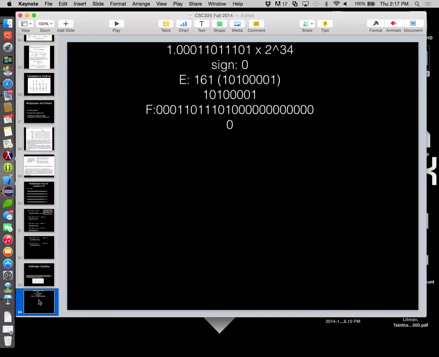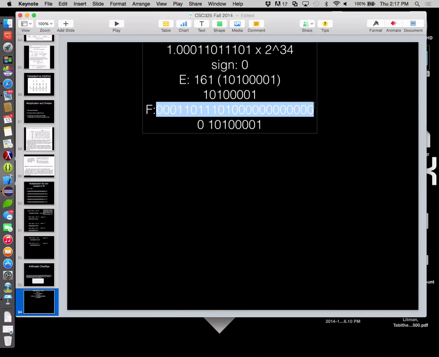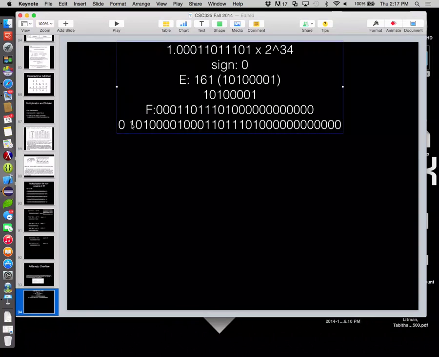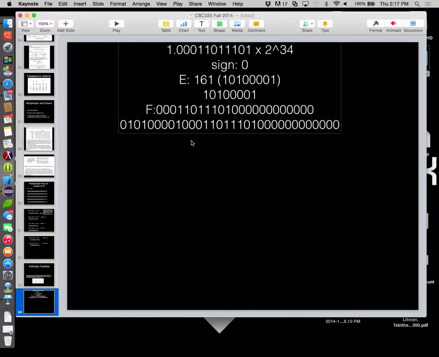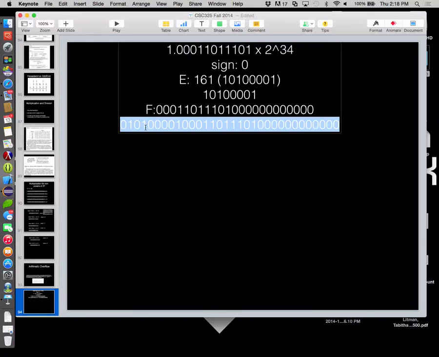So the final answer is 0 followed by this, followed by this. So 0, 1, 0, 1, 0, 0, 0, 0, 1, 0, 0, 0, 1, 1, 0, 1, 1, 1, 0, 1, 0, 0, 0, 0, 0, 0, 0, 0, 0, 0, 0, 0.